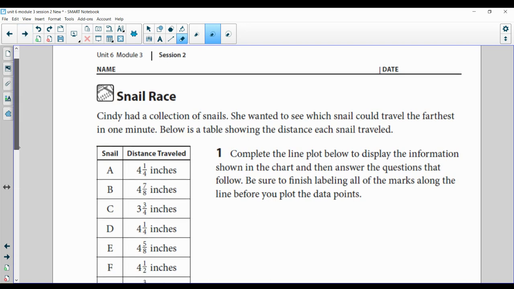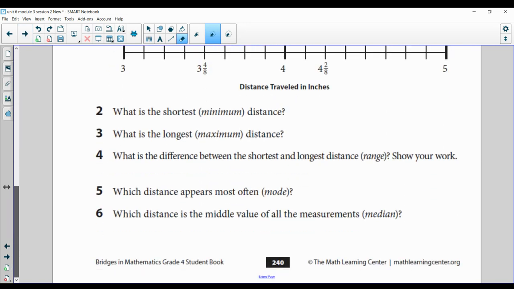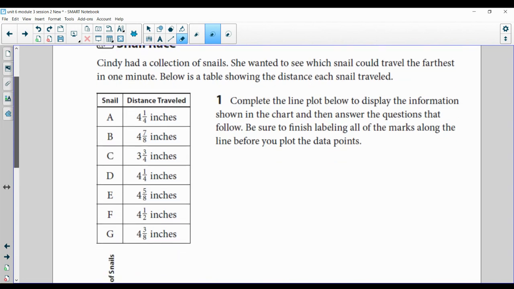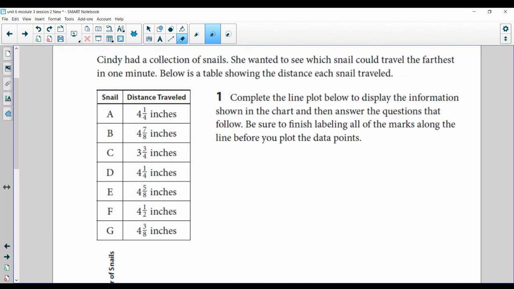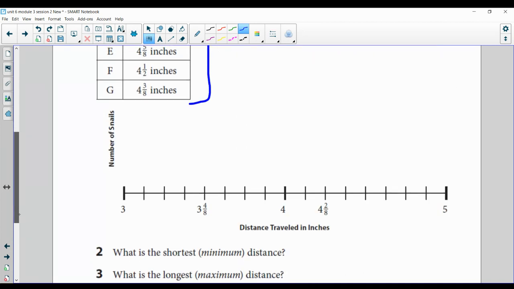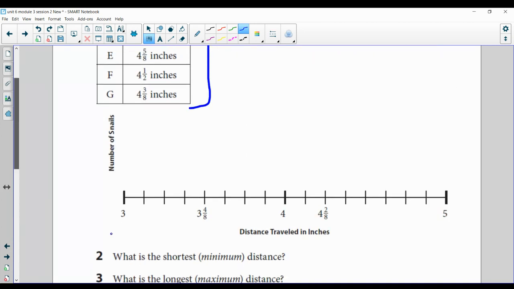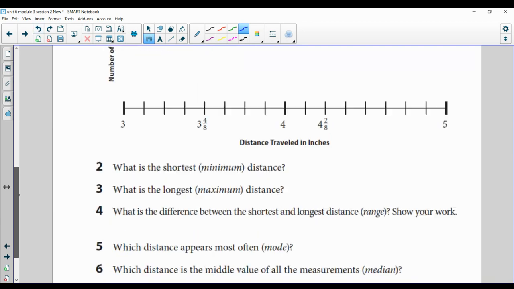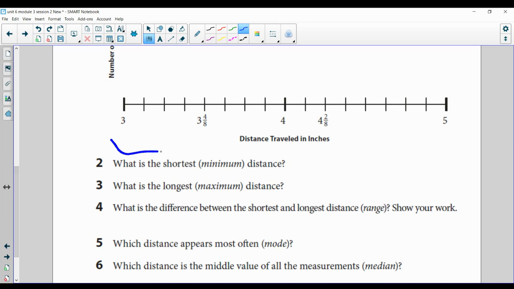And then one more thing here for us, 240 for our student book. For this one, once again, you're going to create a line plot. So if we look at our information here, we can recognize that we're working with 4ths and 8ths. But down on our line plot right now, we don't have all of the information down here yet.